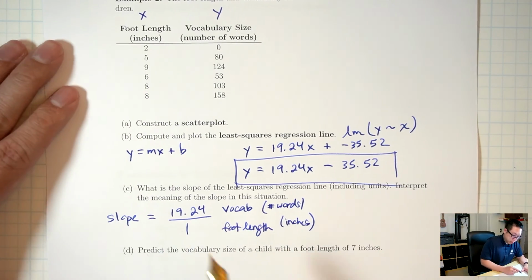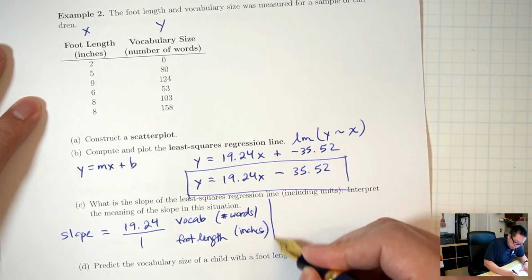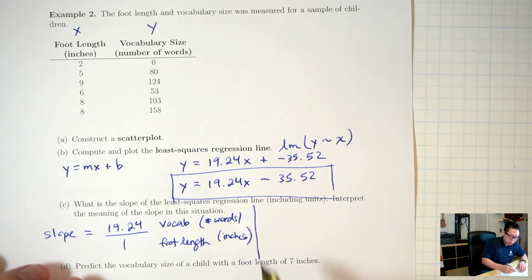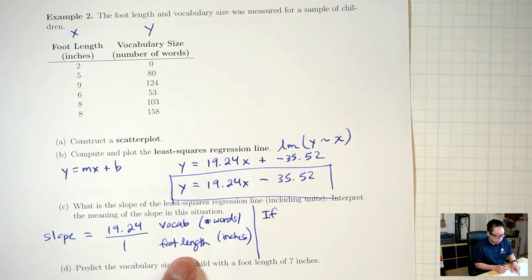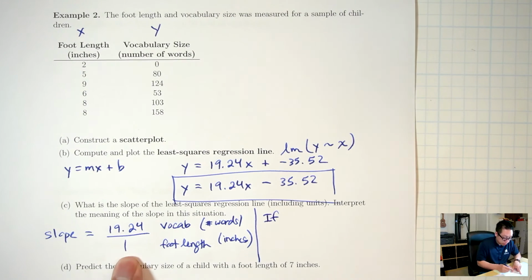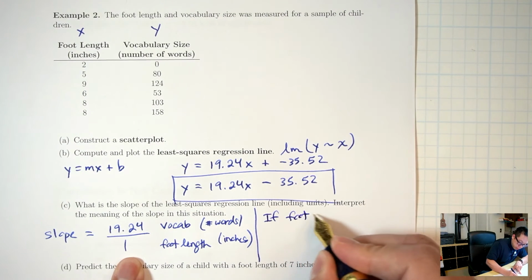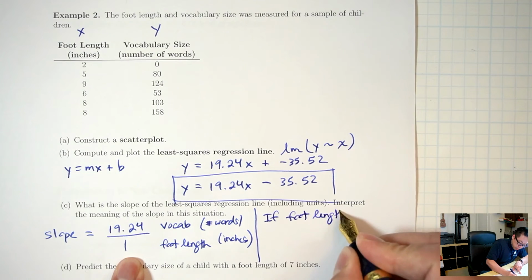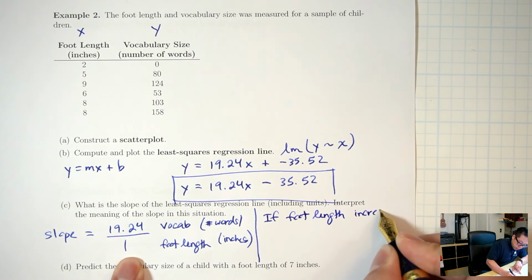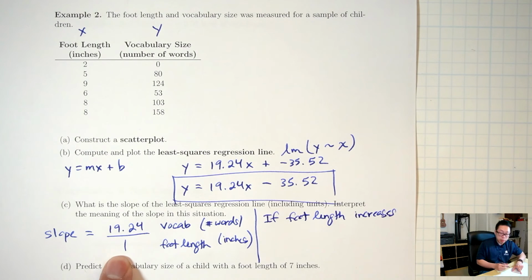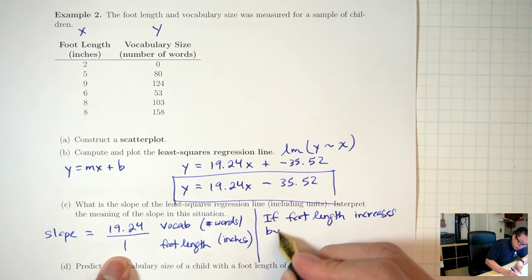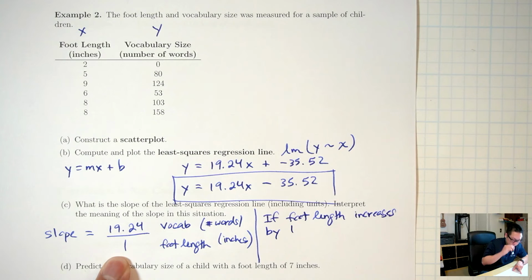And then interpret the meaning of the slope in this situation. The interpretation is going to be: if the foot length increases, and I say increases here because that's a positive 1, increases by 1 what? 1 inch.